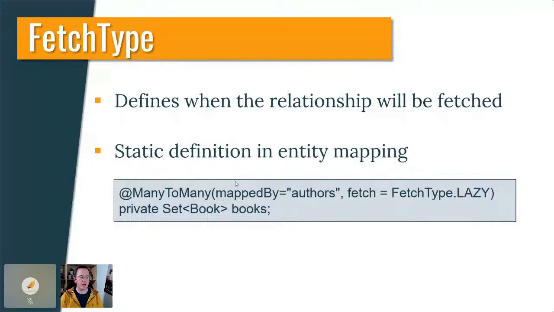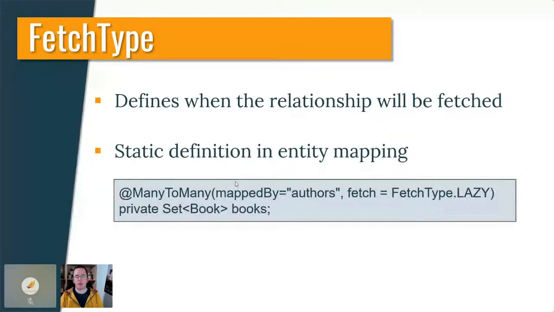That's probably known by most people already. But let me repeat that real quick. So the fetch type defines when an association between two entities is fetched, so between the author and the book. And it's a static definition in our entity mapping. That means there's exactly one definition for an association between two entity classes.